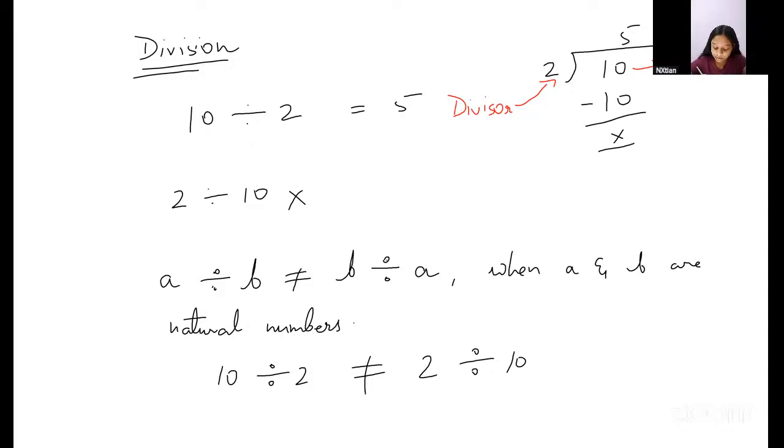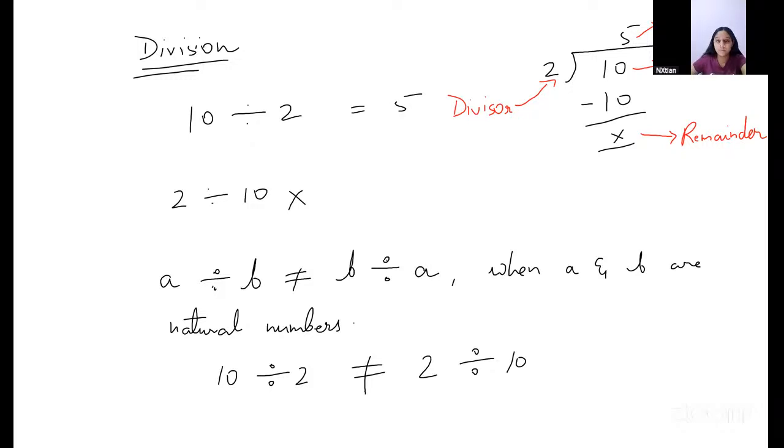There are actually four things. Dividend. The answer that we are getting on the top is known as quotient, and the remaining that is left is known as the remainder.